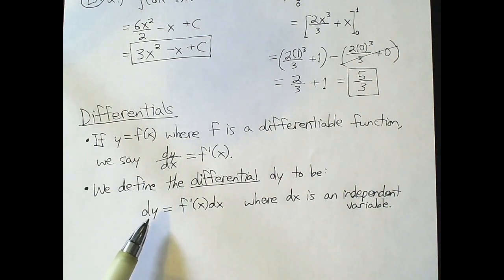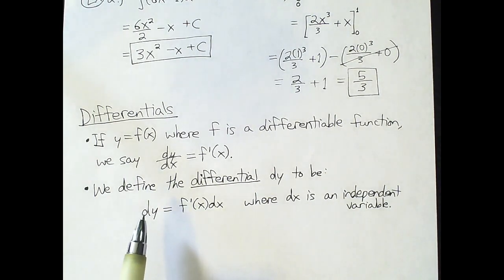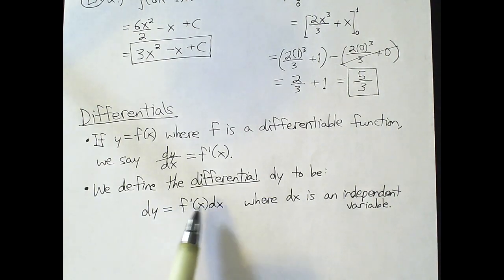This is the first time, I believe, that we've taken that dy dx and actually broken it apart. And we just have a dy sitting here by itself, and the dx is over here by itself. And we've never really had a reason to do that before, but in this lesson, this is going to help us. So we define dy to equal this.